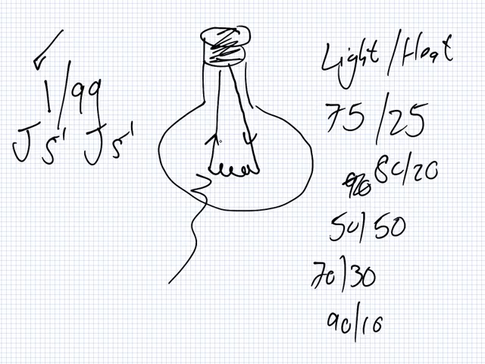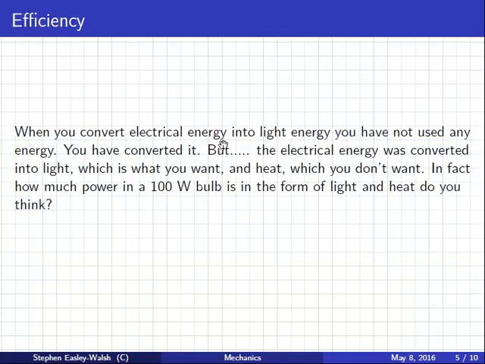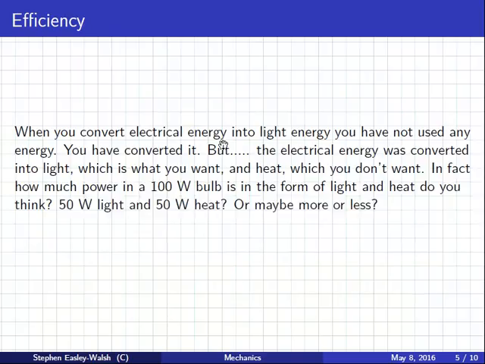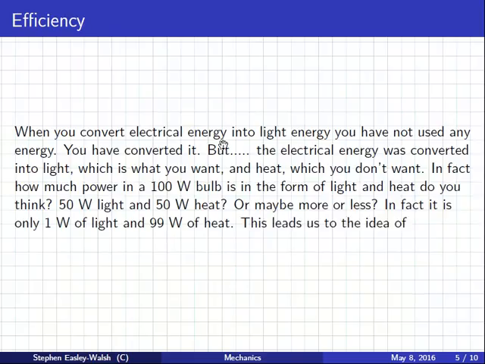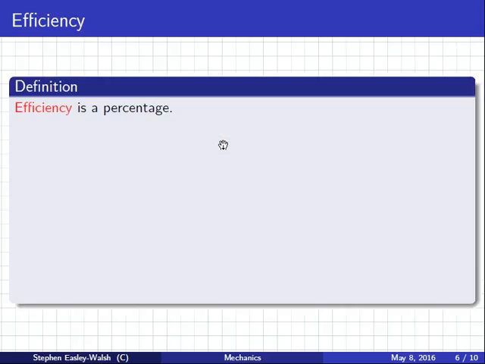Okay, so this gives us the idea of wasted energy. Was it 50-50, maybe more, maybe less? In fact, 1 watt of light and 99 watts of heat. So this gives us the idea of what's called efficiency. Efficiency is how much energy is useful and how much energy is wasted. As a definition, efficiency is a percentage.